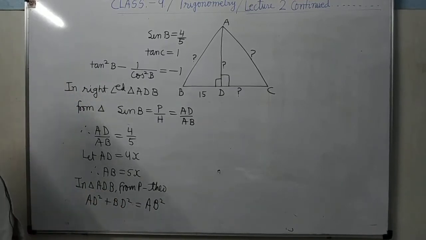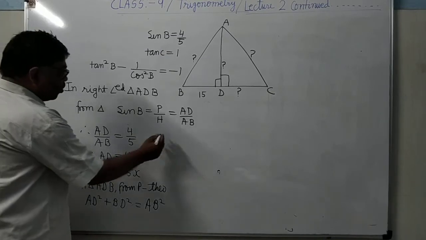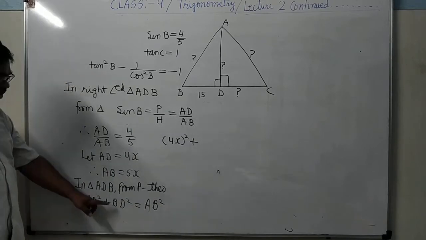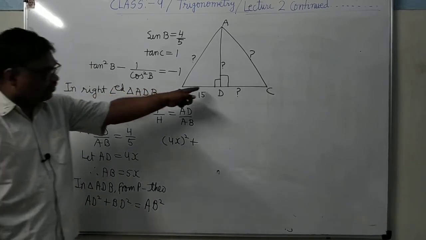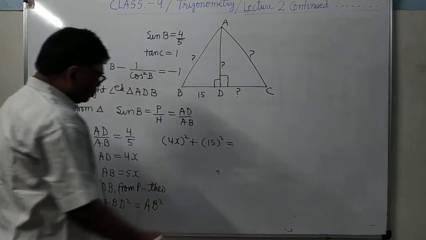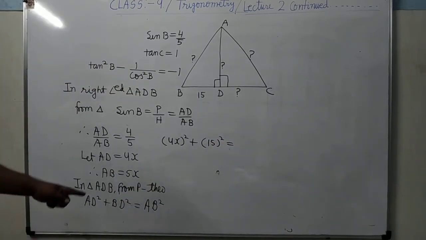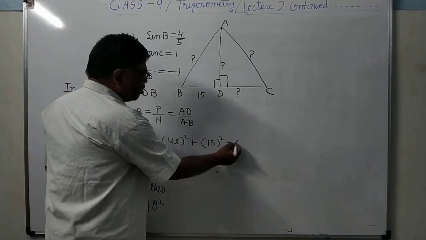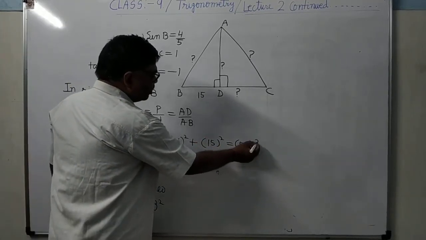AD is 4x, that is 4x whole square. BD is given 15, so 15 whole square equals AB square, and AB is 5x, so 5x whole square.